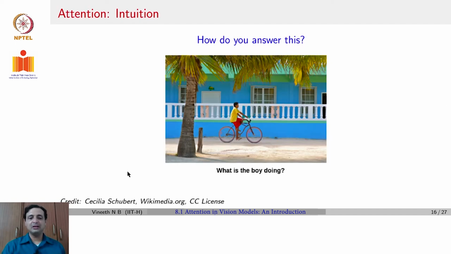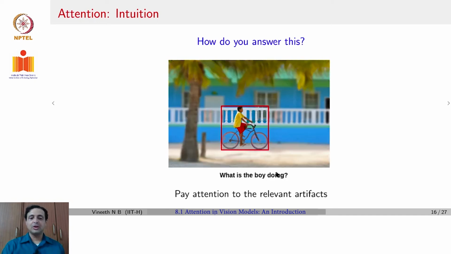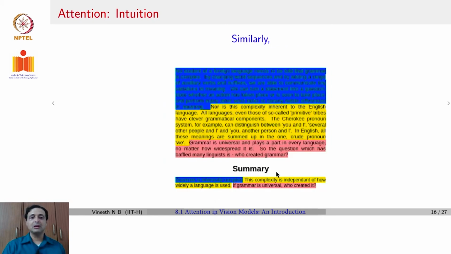Intuitively speaking, given an image, if we had to ask the question, what is this boy doing? The human way of doing this would be, you first identify the artifacts in the image. You pay attention to the relevant artifacts, in this case the boy and what activity the boy is associated with.